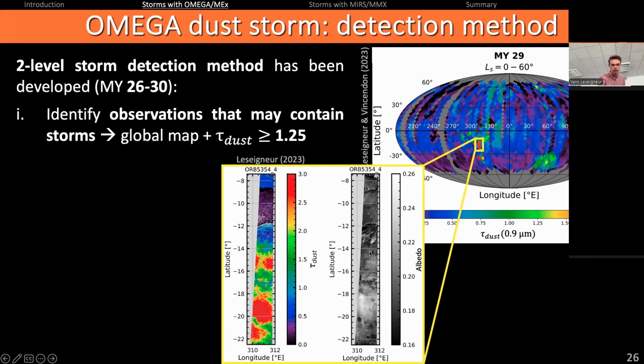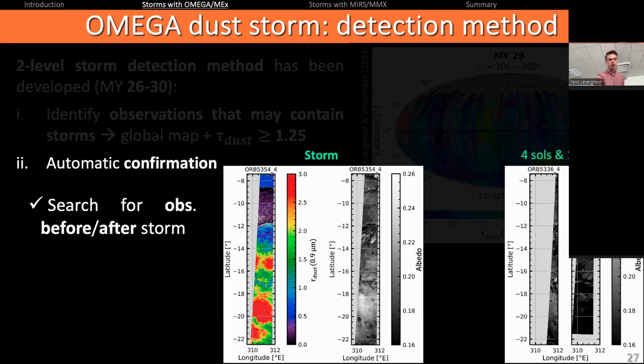And if we look at the albedo map of the individual OMEGA observations, we clearly see by eye the different dust clouds that compose the dust storms. But I wanted to make an automatic confirmation of all these dust storms, and not by opening manually all the OMEGA observations to confirm the detections.